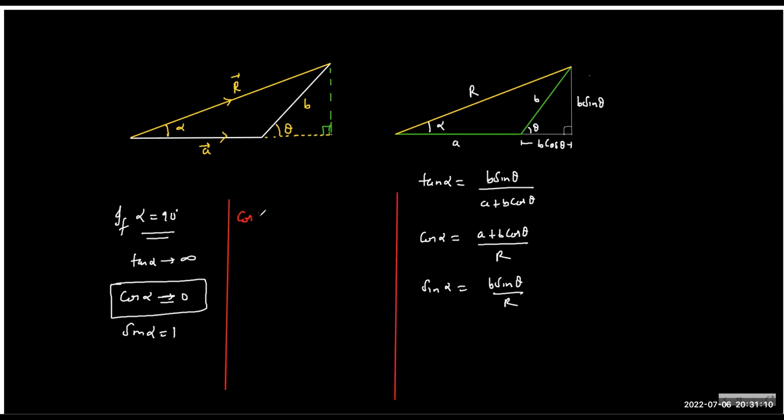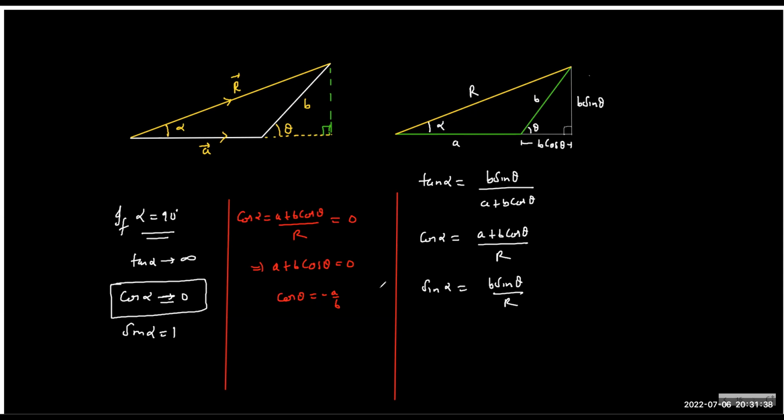So cos alpha is actually A plus B cos theta upon unknown value R. But if this is 0, this implies the numerator must be 0. Correct? And if the numerator is 0, can we say cos theta must be minus A by B? See, now I have done it abstractly.